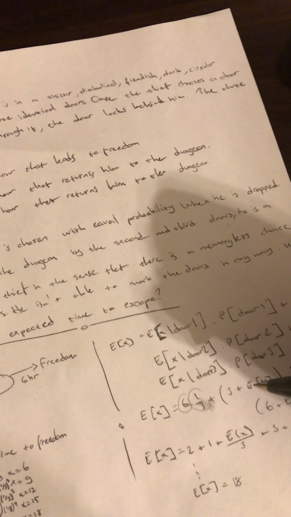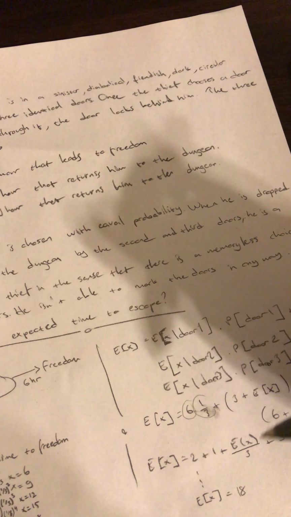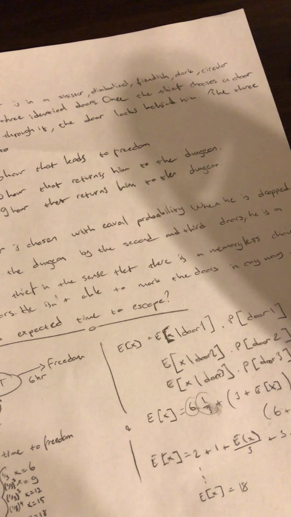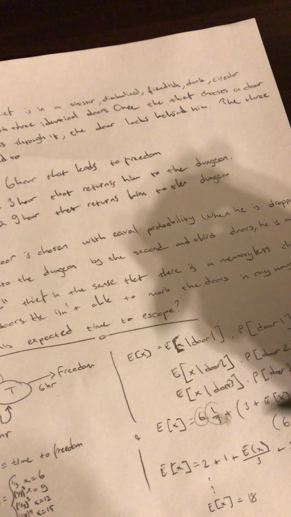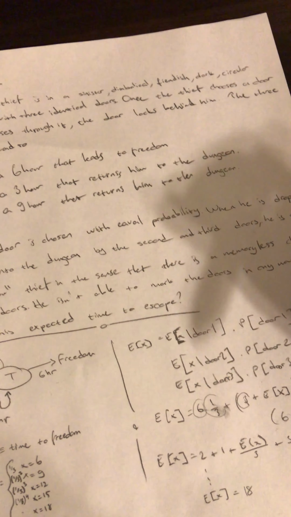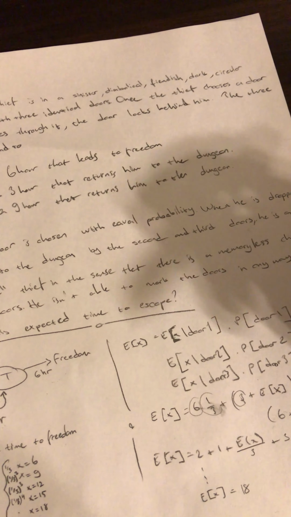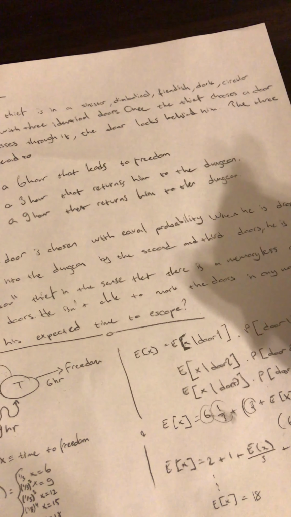Well, if he chooses door 2, he's going to spend 3 hours in the tunnel, then he's plopped right back into the dungeon, and it's like starting over. So in this case we have 3 more for the short tunnel plus the expected value of x, times the probability that he chooses the second door, which is 1/3.